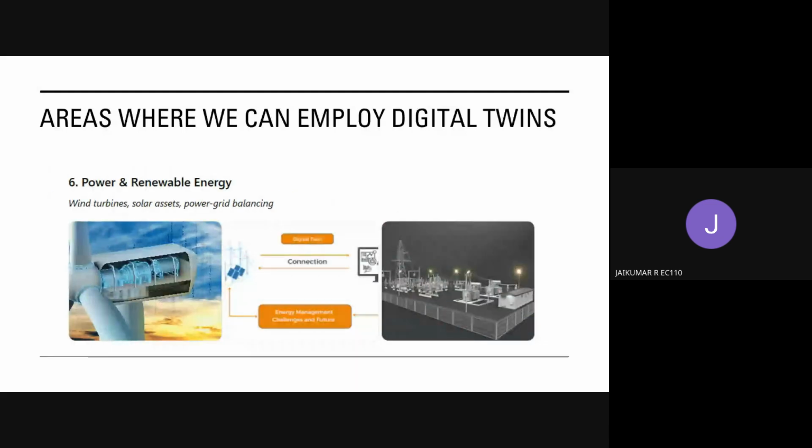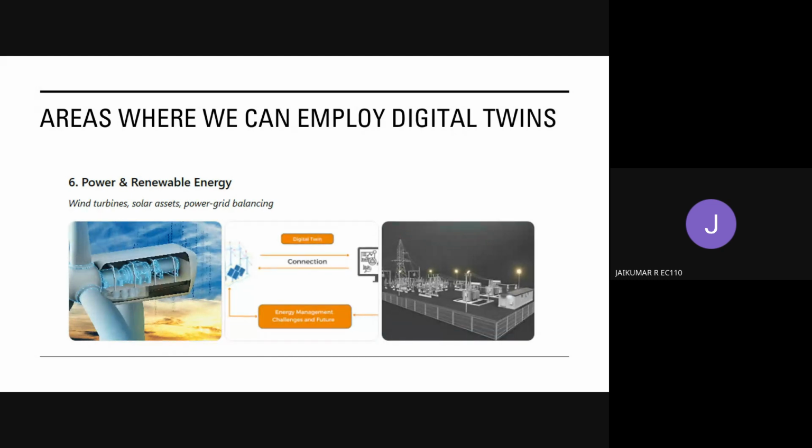Next one is power and renewable energy. As I told, if you want to modify or monitor a complex system like a wind turbine, a big solar panel, and the entire city power grid balancing, you cannot change the system regularly or track it continuously.